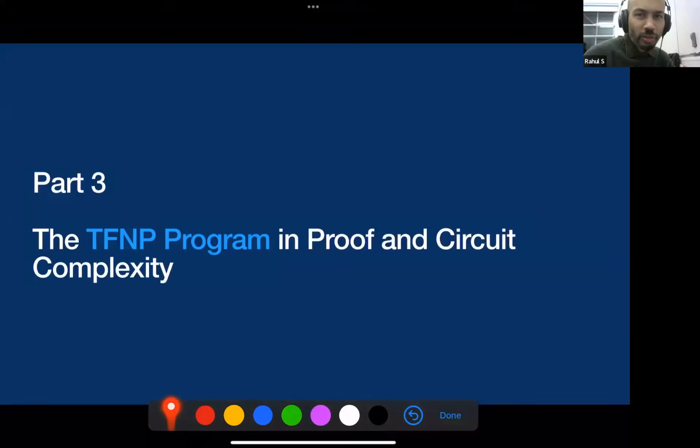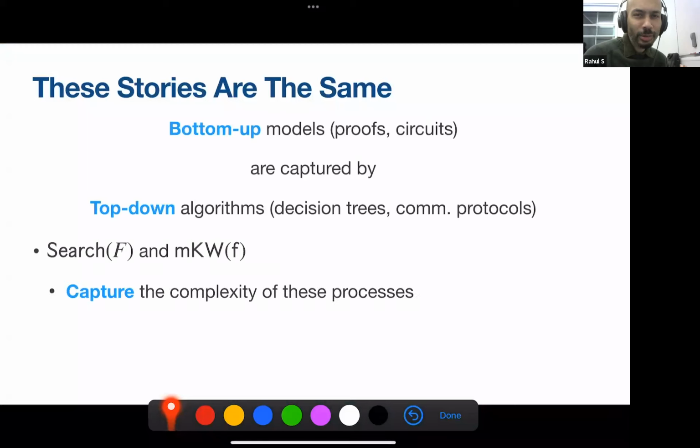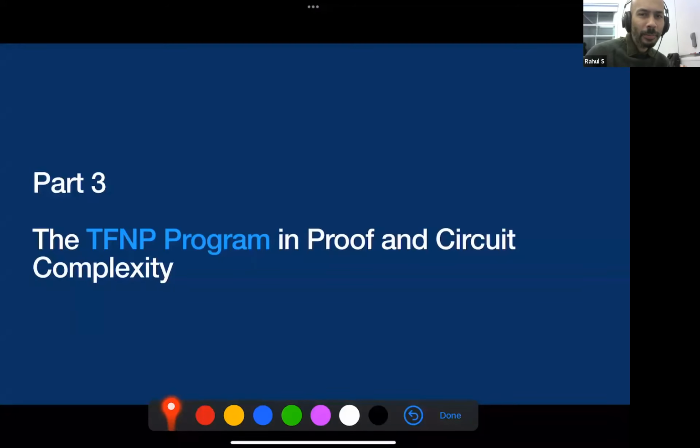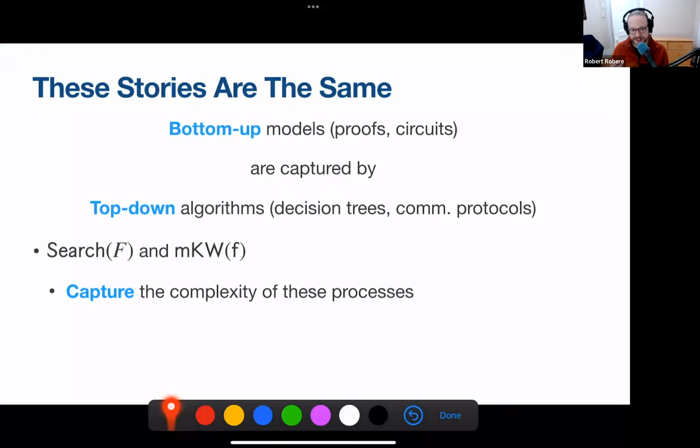Can I ask a quick question, Robert? Yeah. So you said these stories are the same, but they seem a bit different in that monotonicity seems to play a special role for the communication complexity setting, but not for the query setting. Could you say a bit about that? That's true. The reason is that the monotone Karchmer-Wigderson game, even though it looks more restrictive, is actually less restrictive.